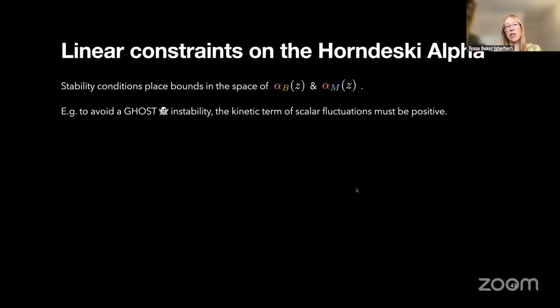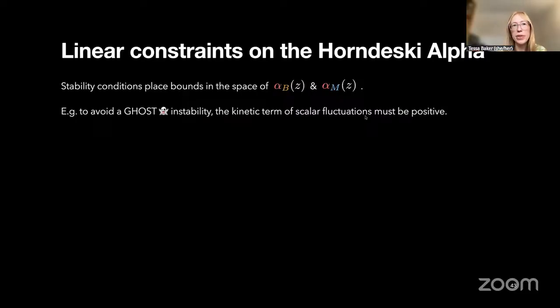Something that could happen is what's called a ghost instability. That's when the kinetic term of one of your degrees of freedom has the wrong sign. And that effectively allows the total energy of your theory to be unbounded from below. So you can create lots of ghosts by going to lower and lower energies. That's not allowed. Your theory is unstable.